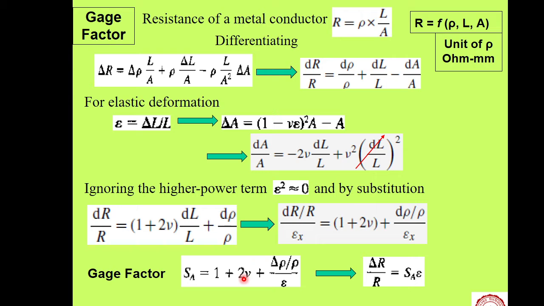So if this gauge factor is constant, then what can we say? This change in resistance dR by R is equal to gauge factor into epsilon. Or if we can measure the change in resistance, then our epsilon is this change in resistance by gauge factor. This is clear?